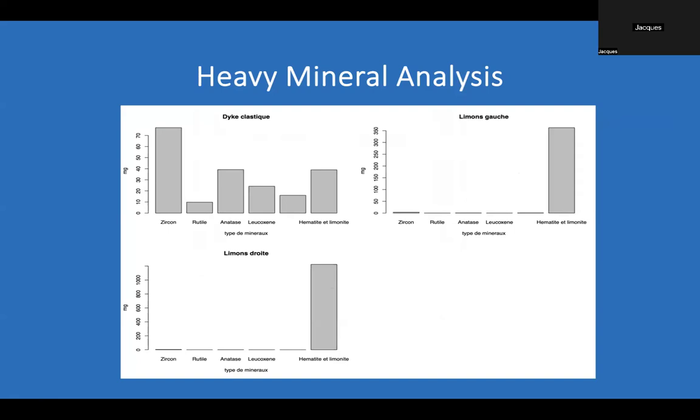That means that the sediments from the lacustrine layer are quite the same, and have been deposited and have known the same environment. But the clastic dike is quite different. We found quite a great amount of zircon, and also many other heavy minerals that are not present in the silt layers.